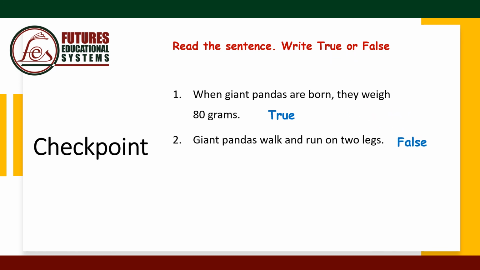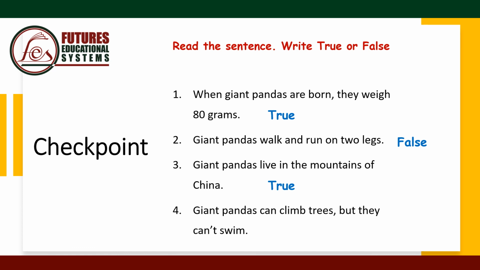No, this is false because we said that they walk and run on all 4 legs. Number 3. Giant pandas live in the mountains of China. Yes, this is true. Number 4. Giant pandas can climb trees, but they can't swim. This is false because we said that they can walk, they can run, they can climb trees, and they can swim.